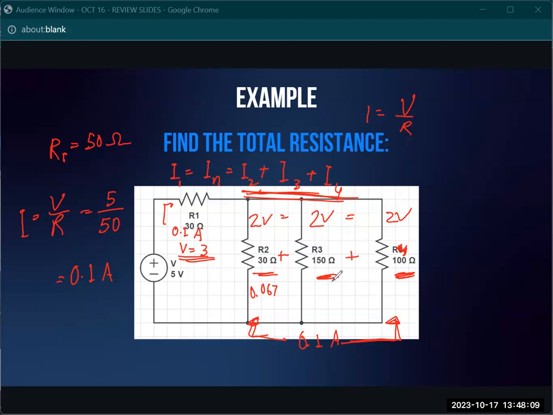Tapos, 2 over 150, 0.01. And 2 over 100 is 0.02. Dapat pag inad natin to, 0.1 makukuha. Let's try it.